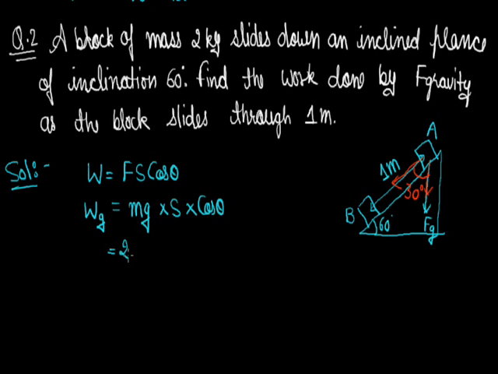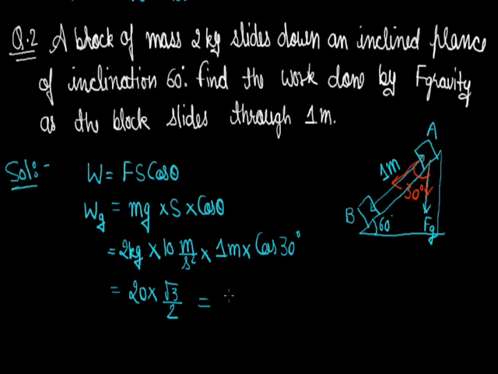M is 2 kilogram, g is acceleration due to gravity, approximately 10 meter per second square. Displacement is 1 meter, and theta is 30 degrees, the angle between the direction of force and displacement. So we put cos 30. By solving this, we get 20 into root 3 by 2, so the work done by the force of gravity is 10 root 3 joule.